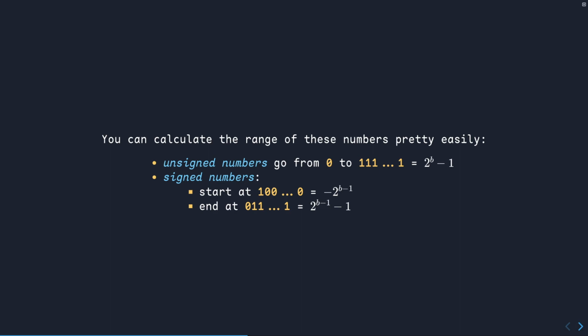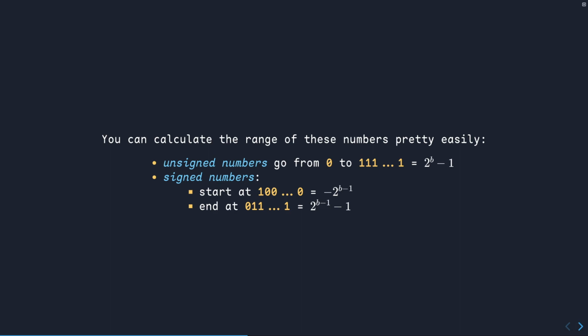The largest positive number is actually a bit smaller in magnitude than the smallest negative number, due to the way we are doing subtraction. But if you're working with 32-bit numbers, that's a difference of 1 on the scale of 2 billion, which is basically irrelevant.